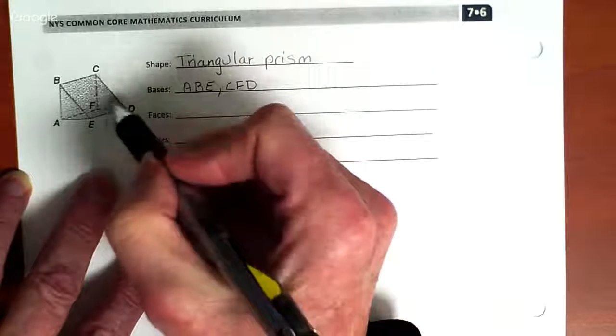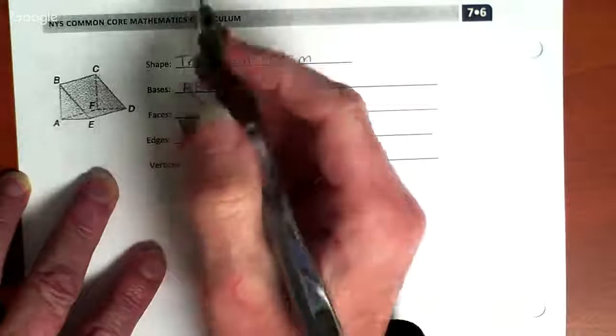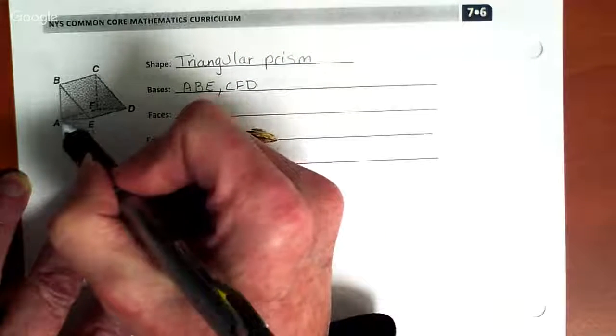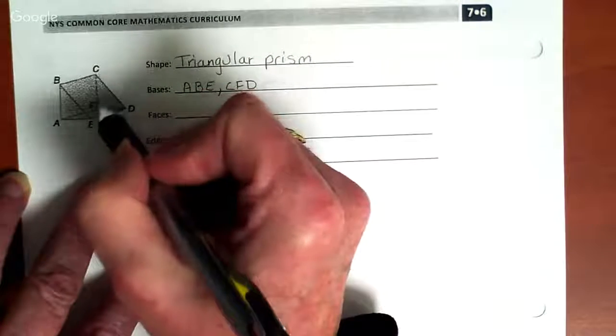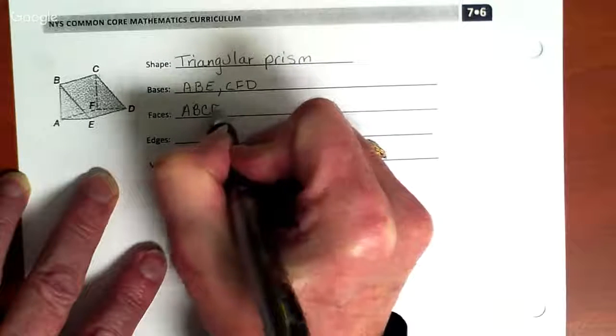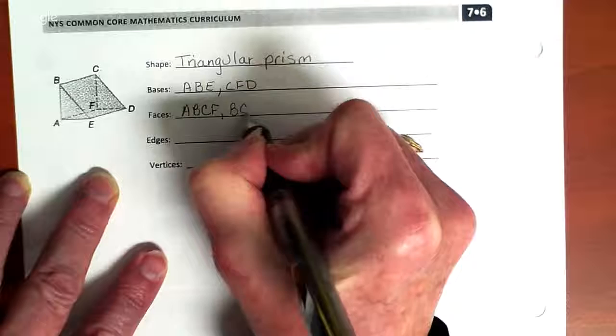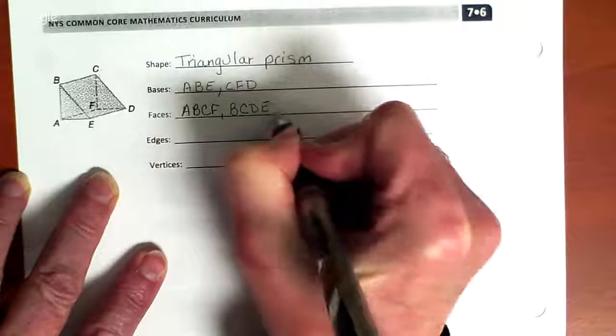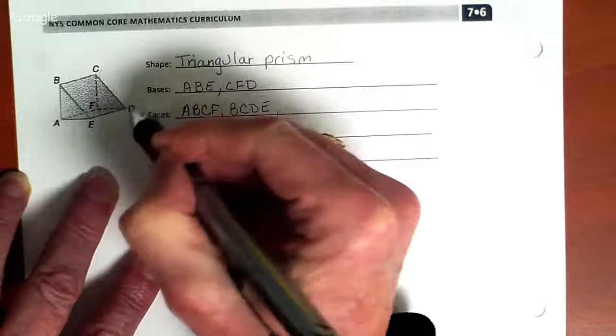Our faces, we have 3 of them that are rectangles. So we have A, B, C, and F. B, C, D, and E. And A, F, D, and E.